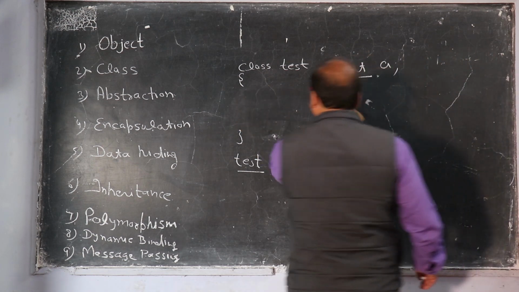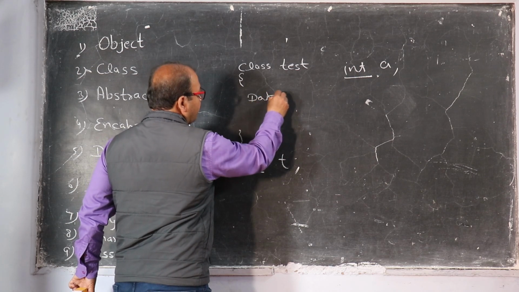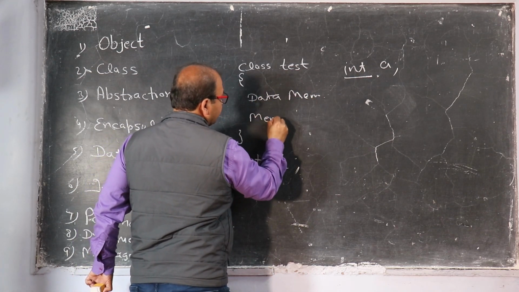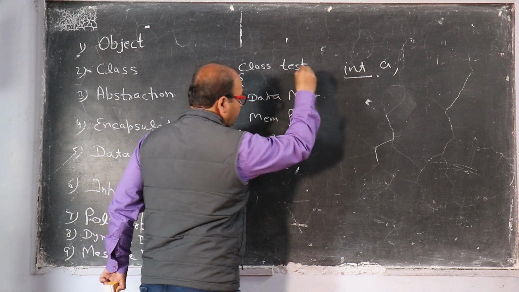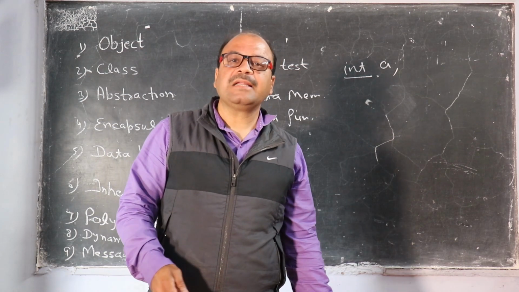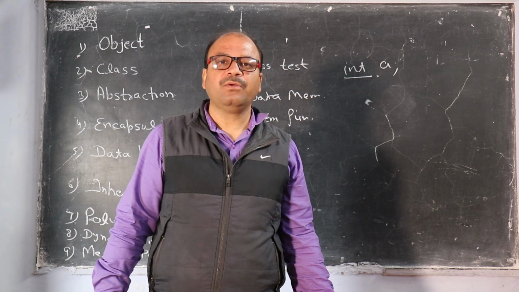Now the second point is, what is a class? A class is a container of two things. One is data members and another is member functions. A data member is a variable that is declared or defined inside the class.